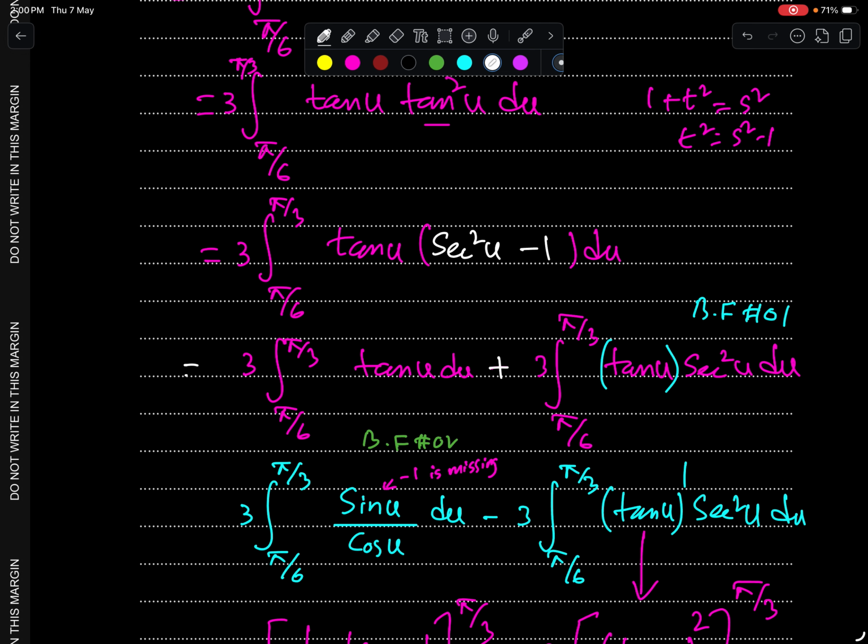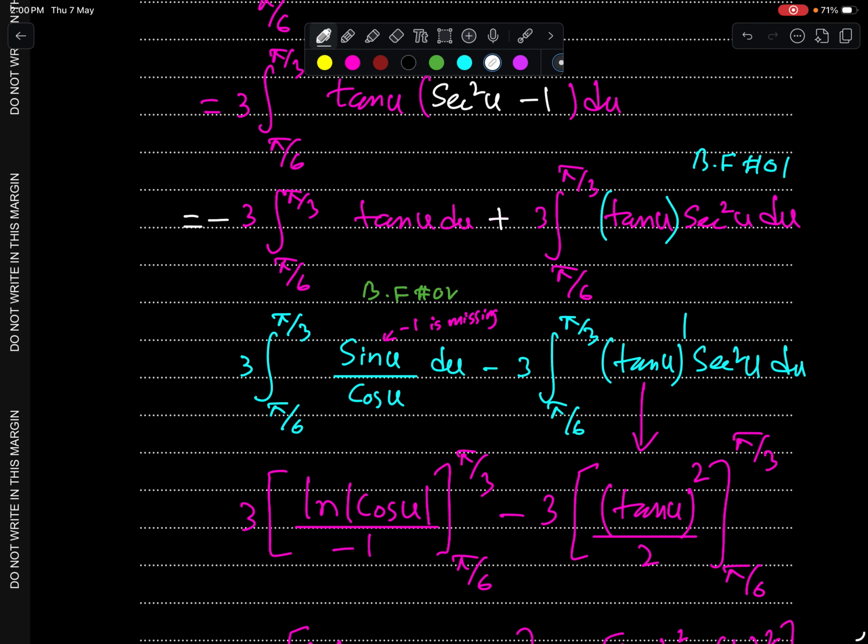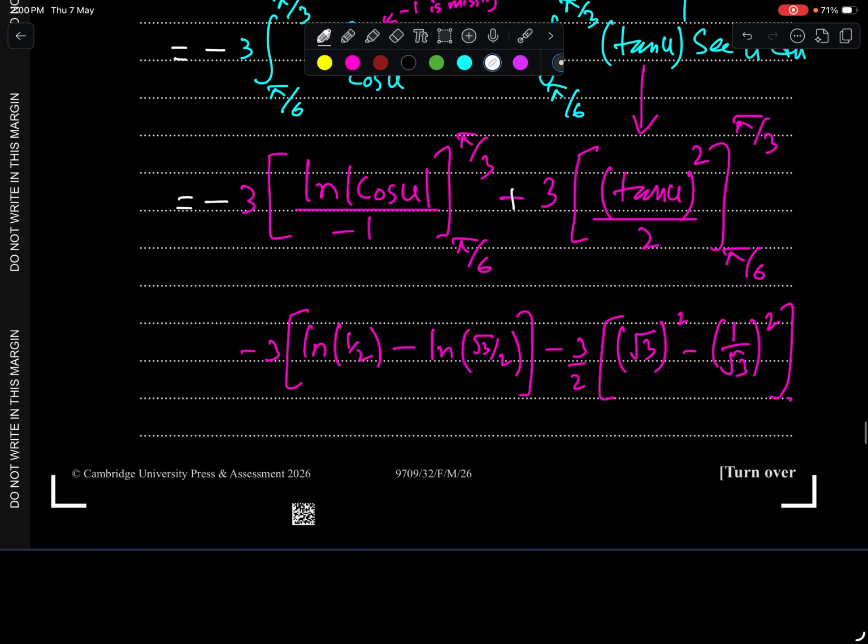Alright, so this is negative. See, tan u minus 1, this is negative. Right, and this is positive. Positive, negative. So minus minus cancel, positive 3.